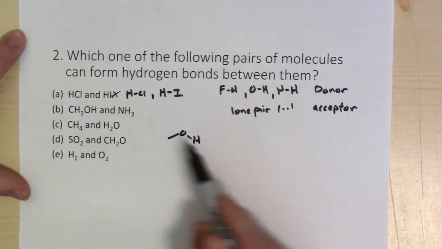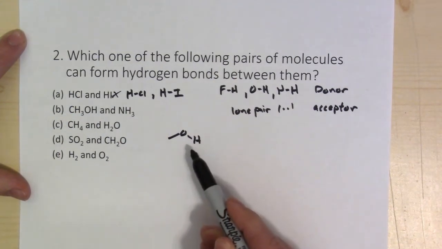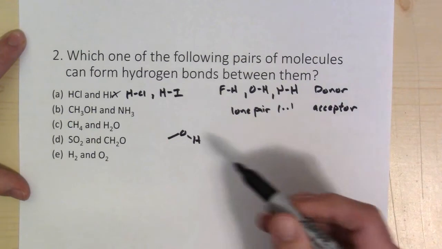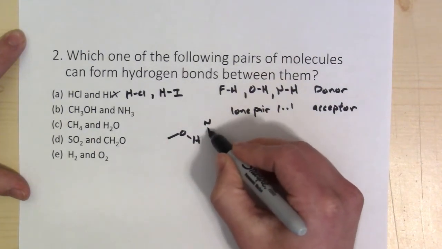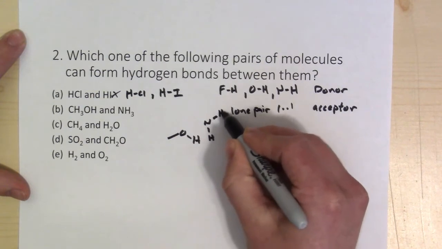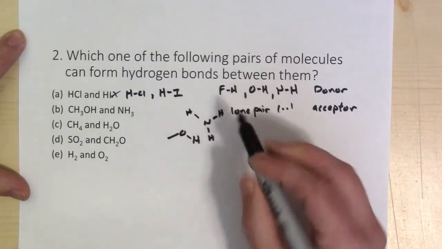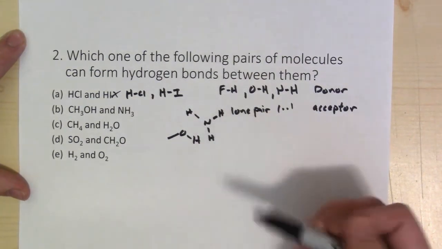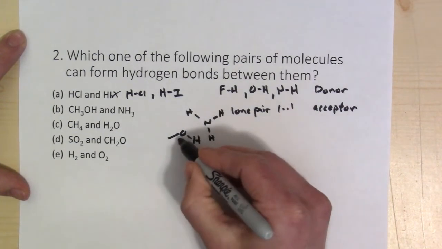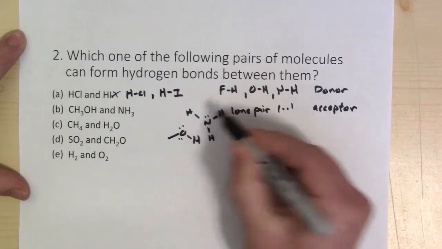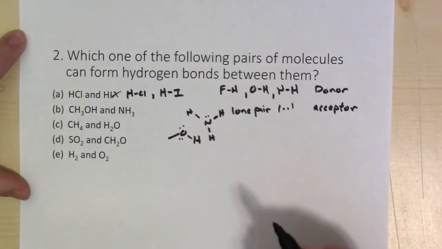So in methanol there is an OH, so that can act as a hydrogen bond donor. We also have ammonia. So there's 3 NH bonds there, so that can act as a hydrogen bond donor as well. Both the oxygen and the nitrogen have at least one lone pair.